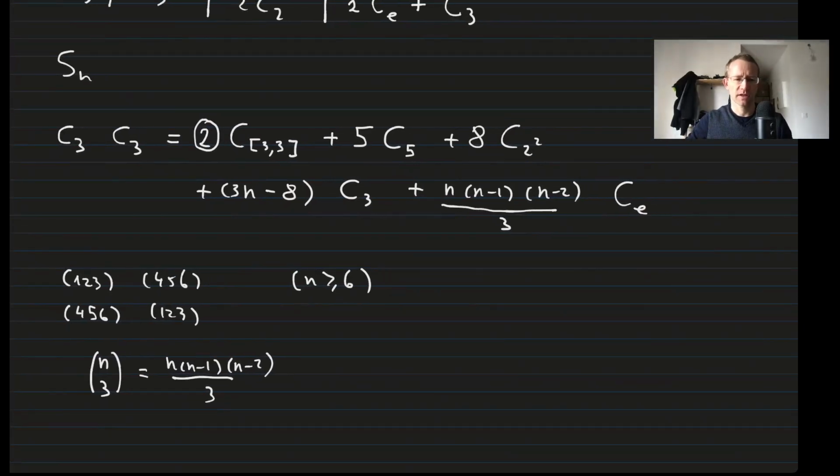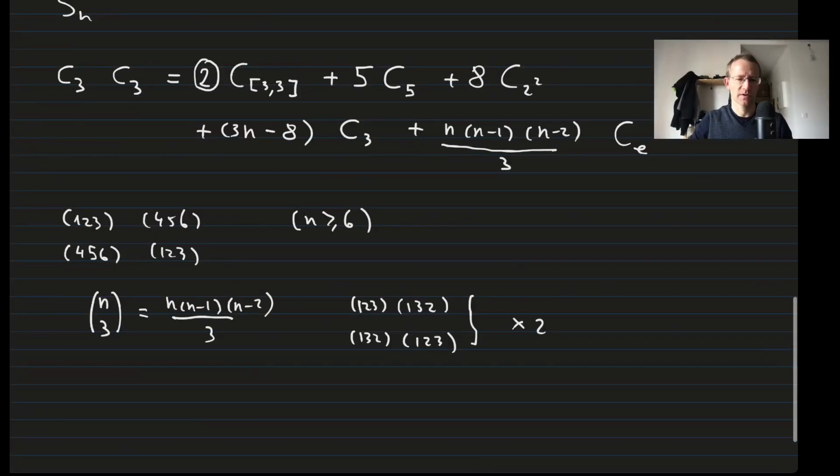But again, we can take (1 2 3) in the first, and then (1 3 2), which is its inverse, in the second, or we can take (1 3 2) in the first and (1 2 3) in the second, and then both of them give rise to the same identity element. So we have to do this number, which has a 1 over 6 in the denominator, times 2 times 2, which gives this coefficient. Similarly, one can compute with a little more effort all the other structure constants in this expression.